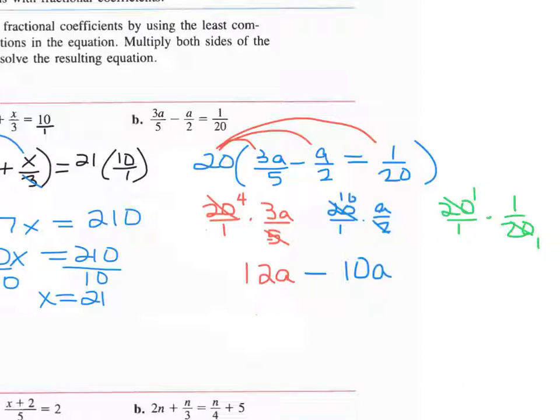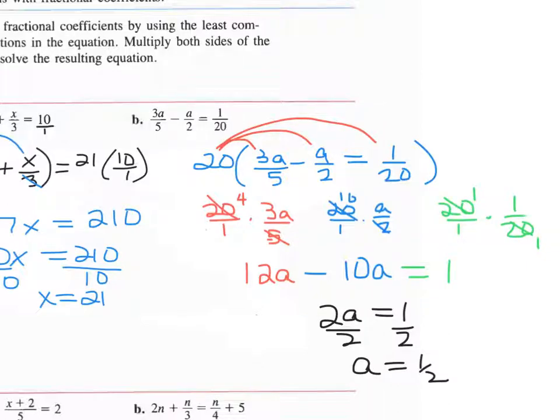They both become 1s, and it equals 1. And now I solve what remains. Some of you won't need to write all these out, one by one. You'll see it. Whatever you're going to be comfortable doing. So now 12a minus 10a is 2a equals 1. Divide by 2, and a equals 1/2.